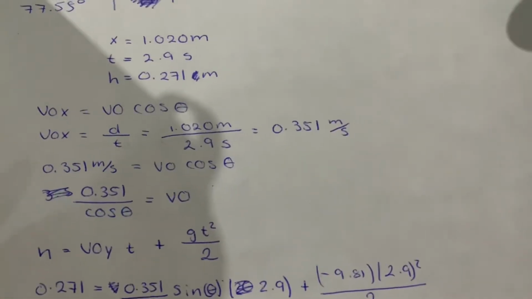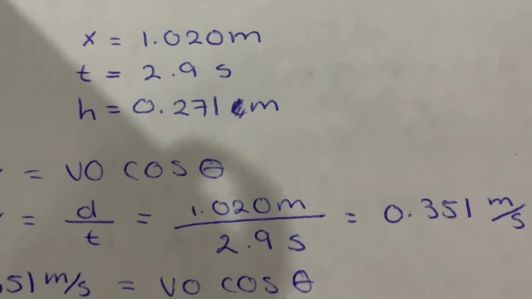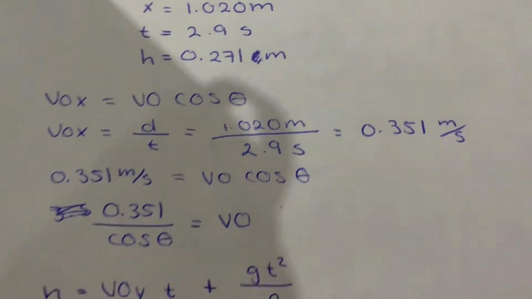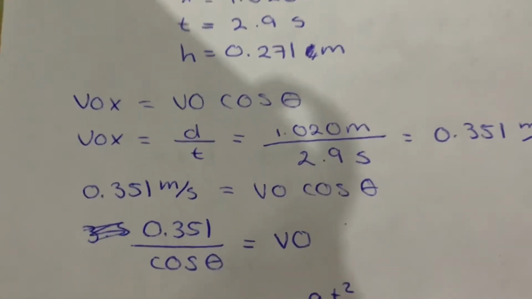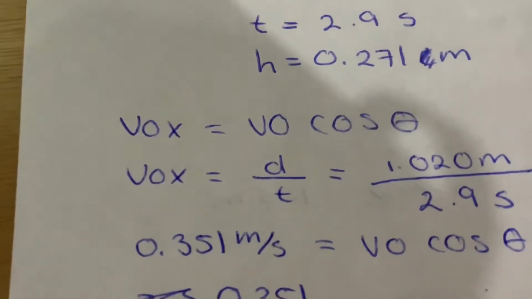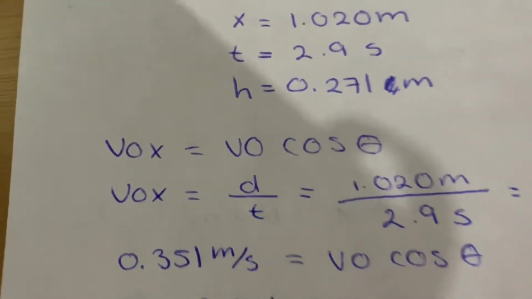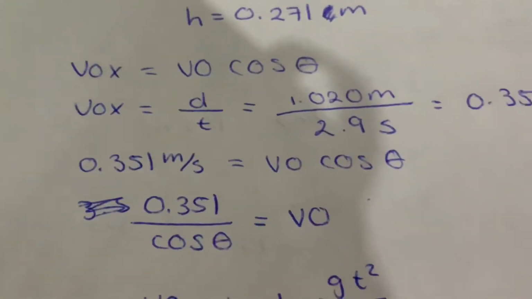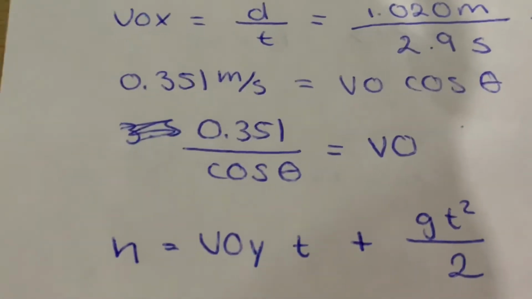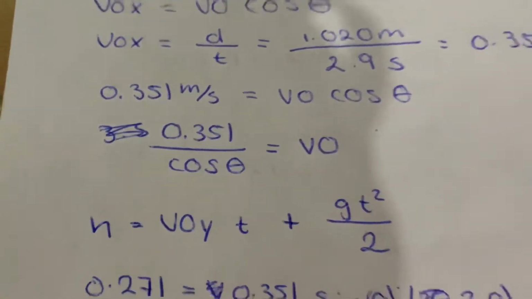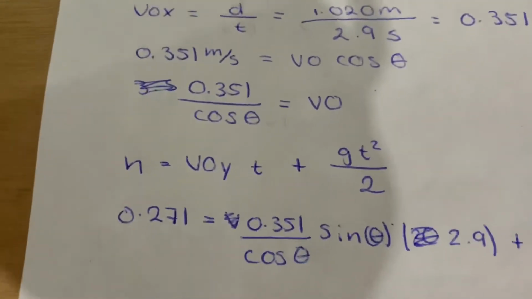For my second pitch, I got x, that is distance, time, and height. So I used the same formulas as for the first pitch. I got the initial velocity in x using distance over time, but it wasn't the final.